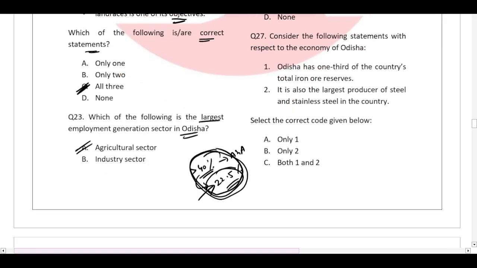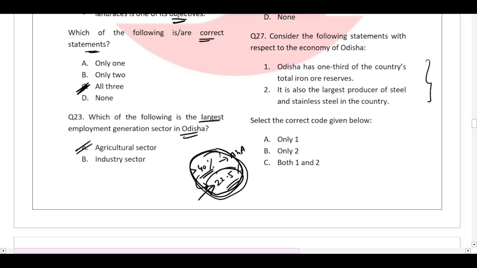Let's move on to the next question. Question number 27. Consider the following statements with respect to the economy of Odisha. Odisha has one third of the country's total iron ore reserves. It is also the largest producer of steel and stainless steel in the country.